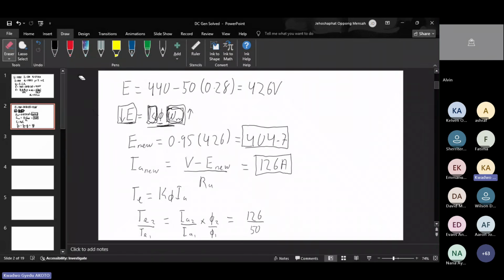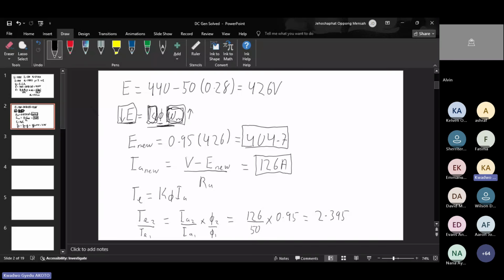And this is going to give us 2.395. And we know that our motor is going to accelerate, right? Because we've weakened our field, so a reduction in IF is going to give us an increase in omega M, right? So it's going to accelerate to make up for that reduction in IF, okay?